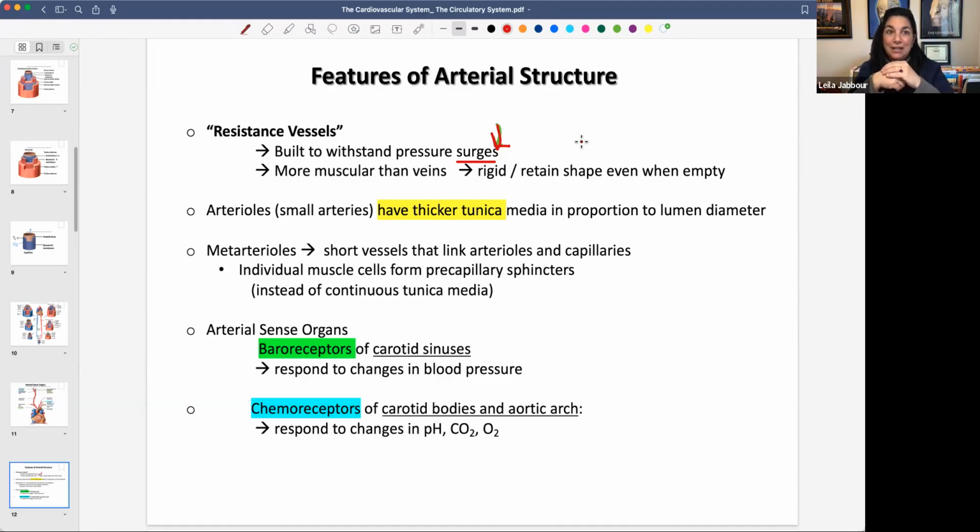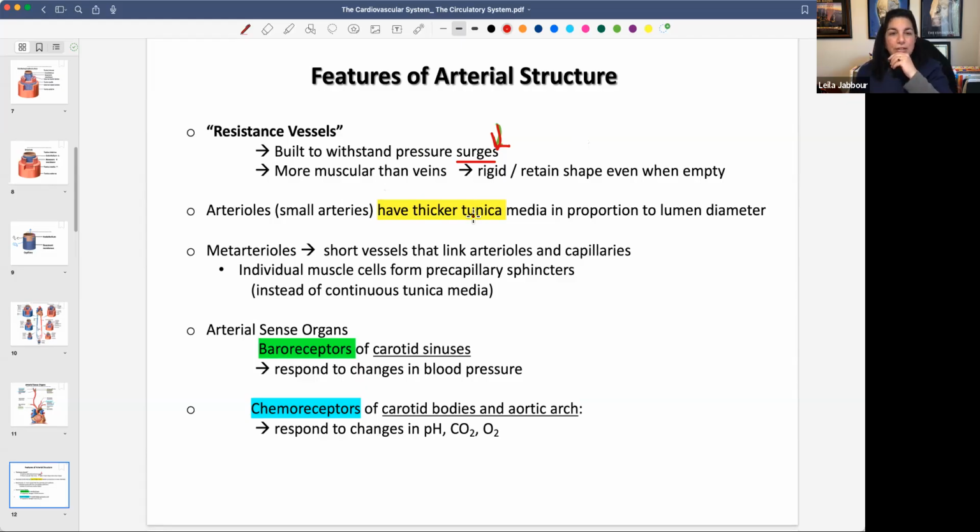It was really fascinating to look at, as opposed to other smaller vessels that are kind of collapsed and really hard to see.